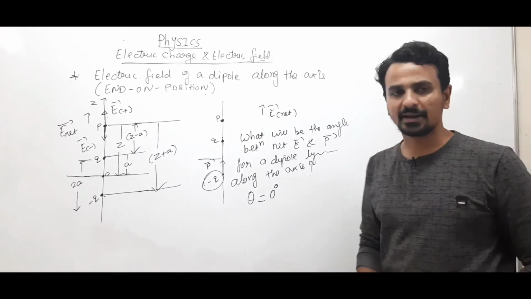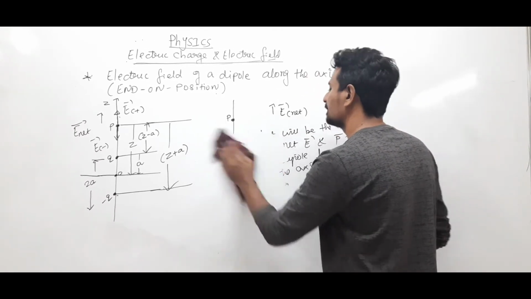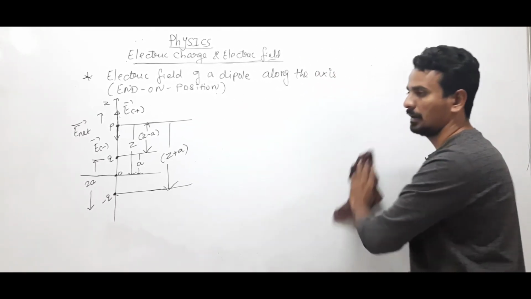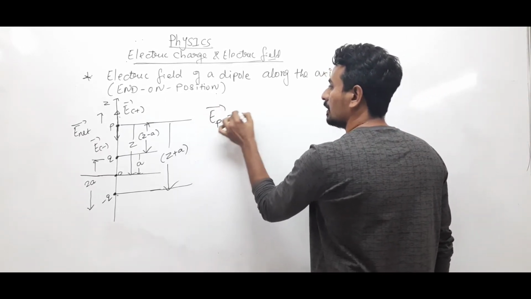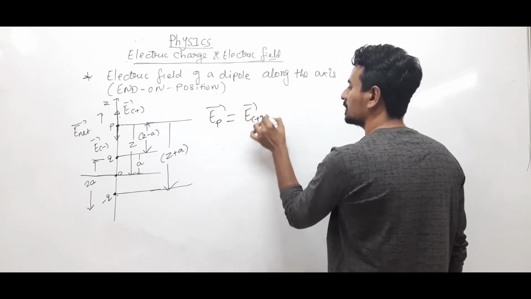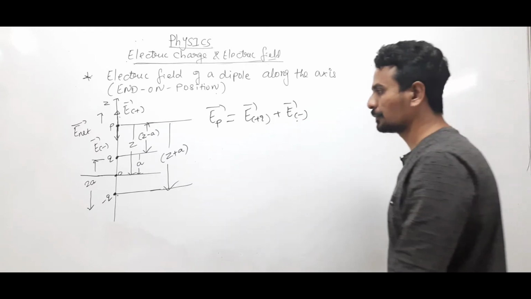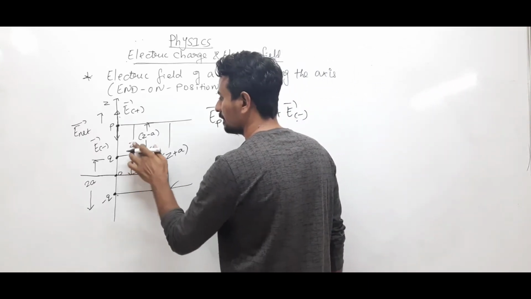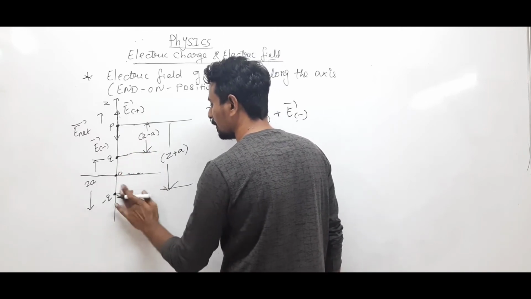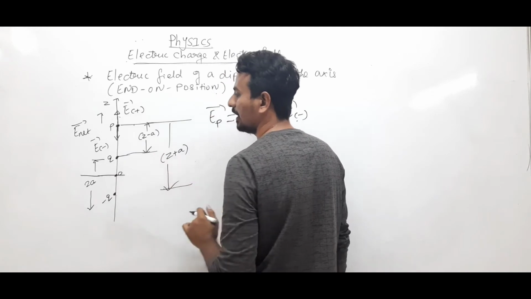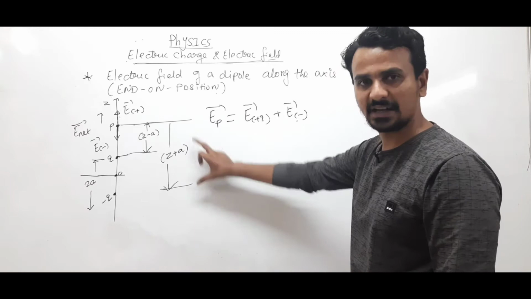Now let us calculate the electric field at point P. Electric field due to the positive charge, and electric field because of the negative charge. The positive charge is at a distance of z minus a and the negative charge is at a distance of z plus a.